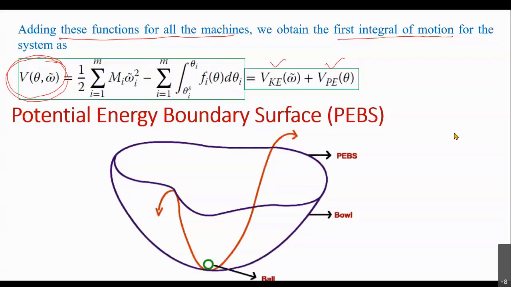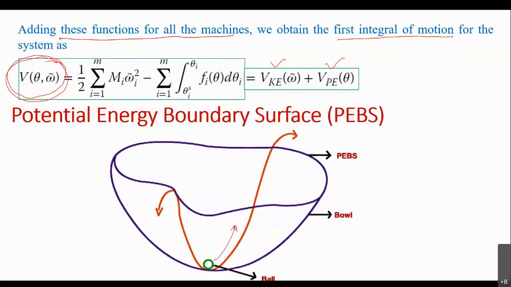You can see there is a bowl, inside the bowl we have a ball, and that ball is under steady state condition. Let us say we give a disturbance to the ball. What will happen to the ball?